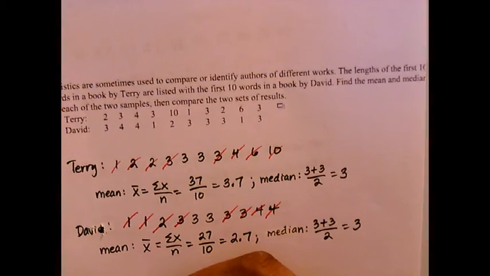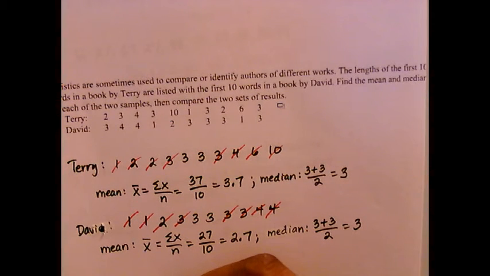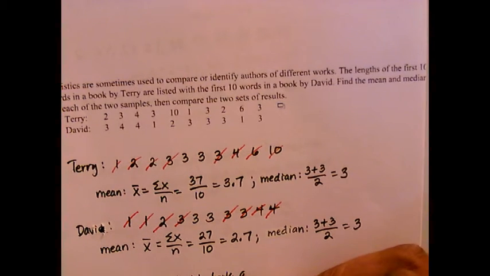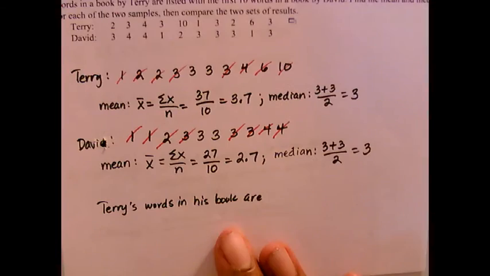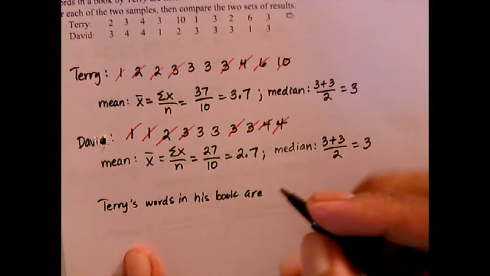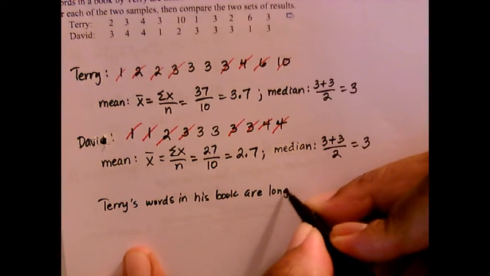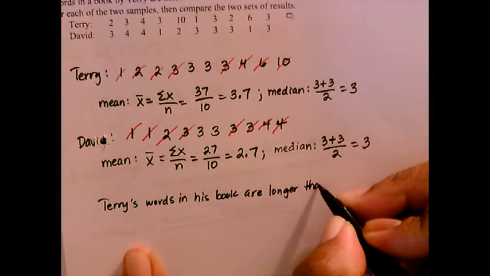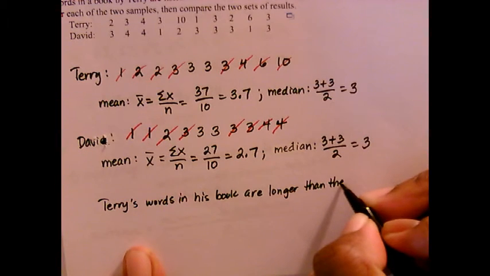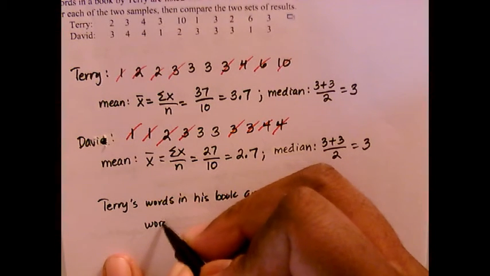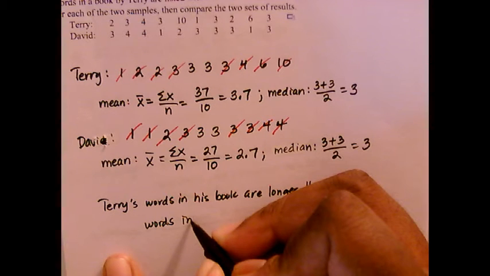So I can conclude here that Terry's words in his book are longer than the words in David's book.